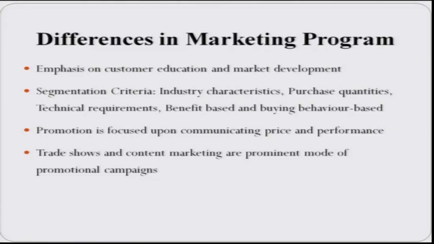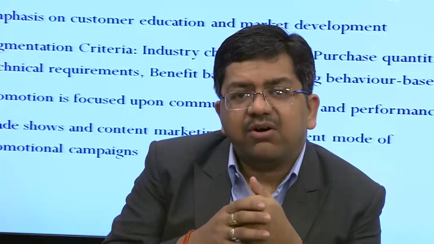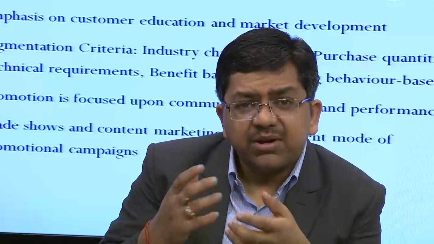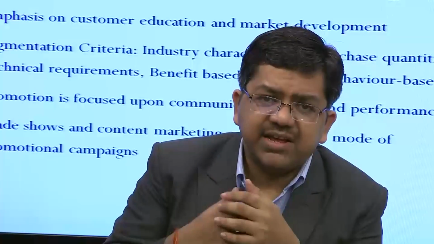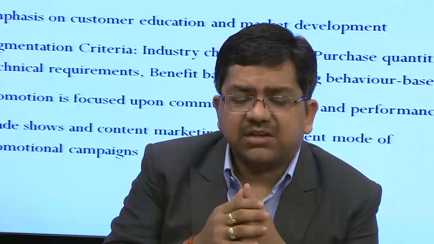If you look at another difference in B2B marketing versus B2C marketing, you see that to a large extent consumer markets are segmented on demographic and psychographic criteria like age, lifestyle, personality. So, those are the things which help you to segment the consumer market.